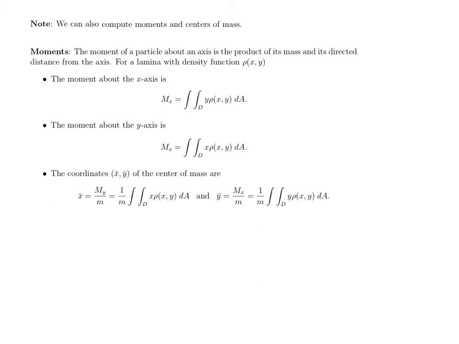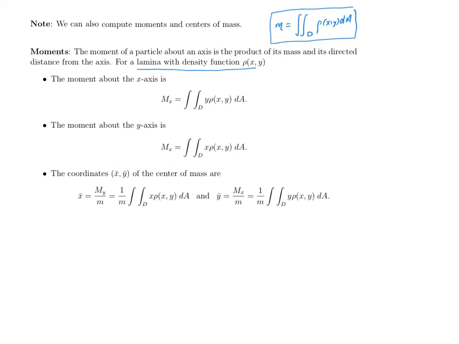And just to summarize, I want to note that the key takeaway for us in this section is this idea that mass is the double integral of density when we are talking about one of these laminas whose density function is given by rho.